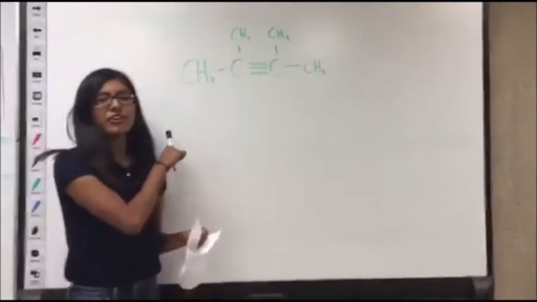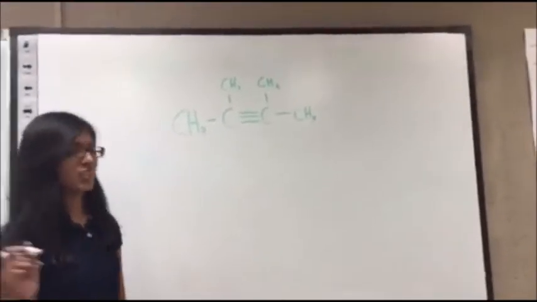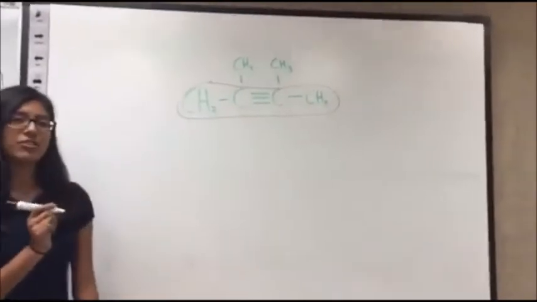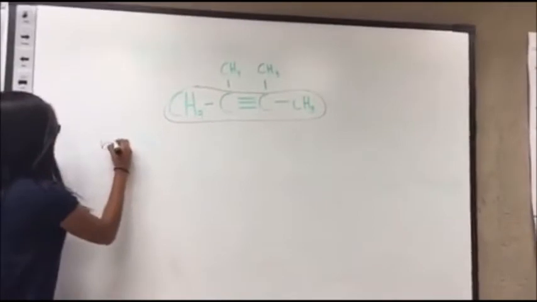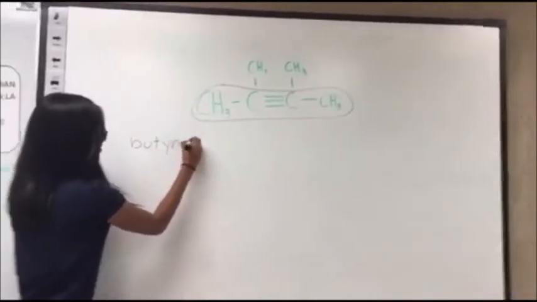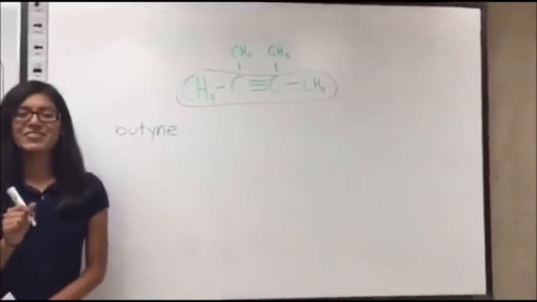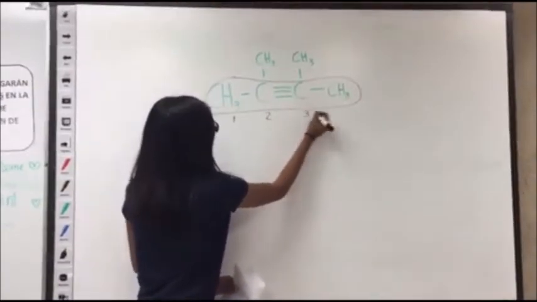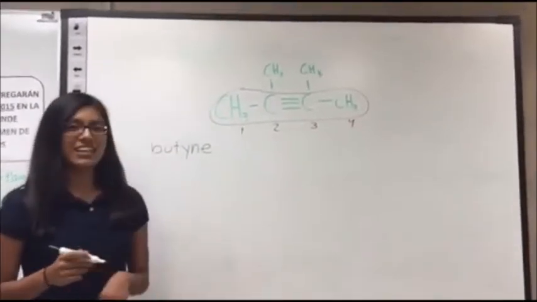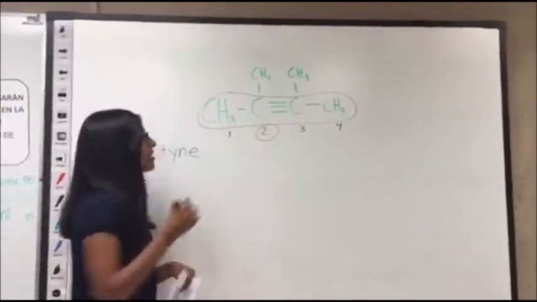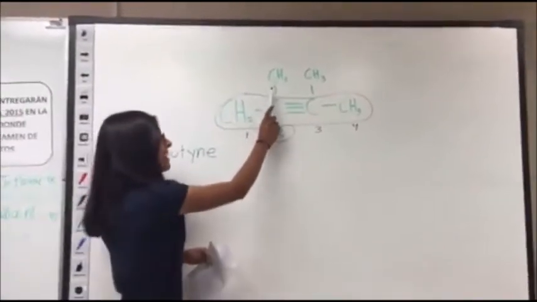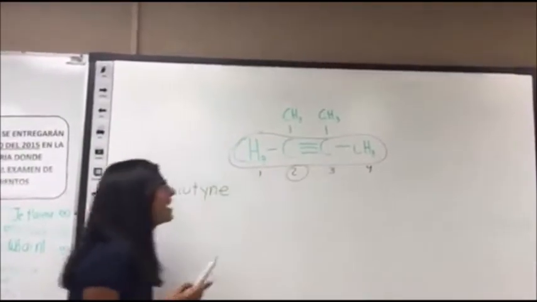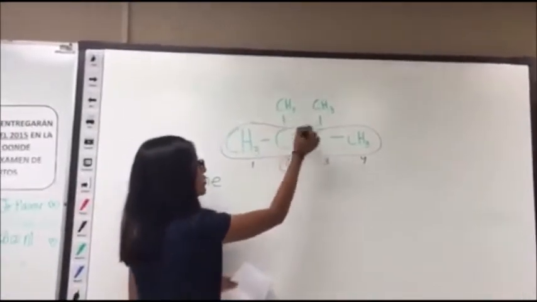To solve this, first we need to name the longest carbon chain. We know we have 4 carbons, so it's but. Then we have to number from the nearest triple bond. 1, 2, 3, 4. We know that the nearest is 2. But we know that we have these carbons, on the 2 and on the 3.